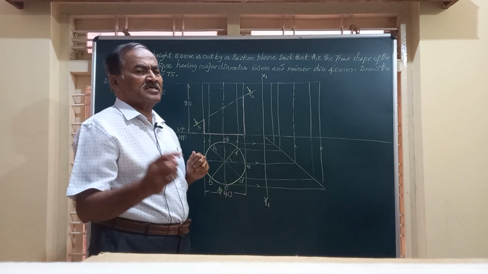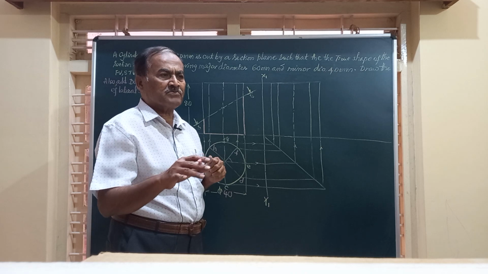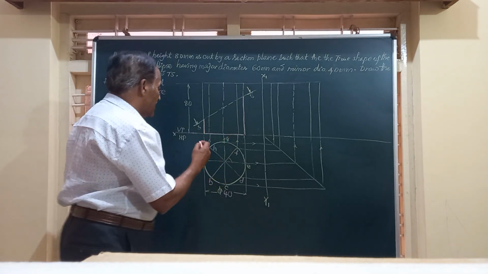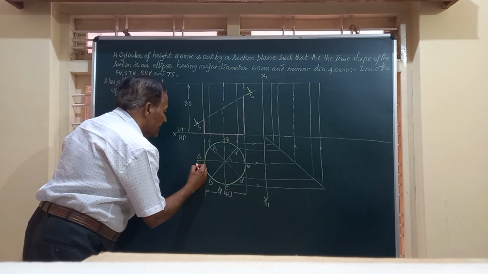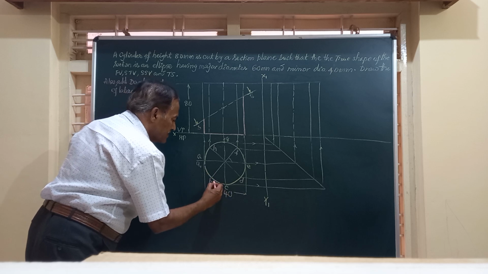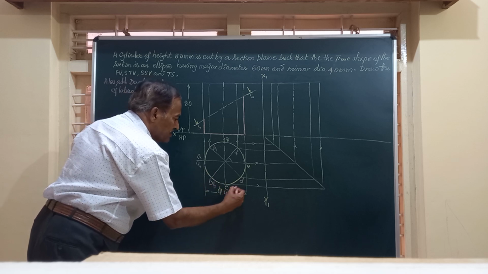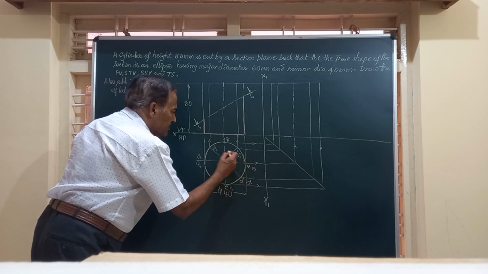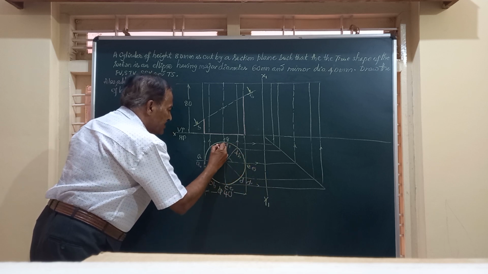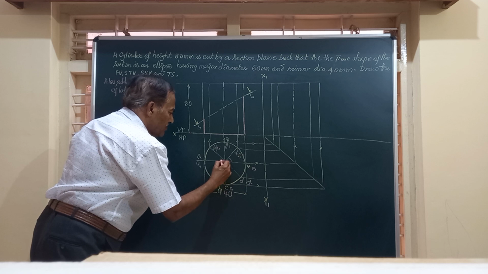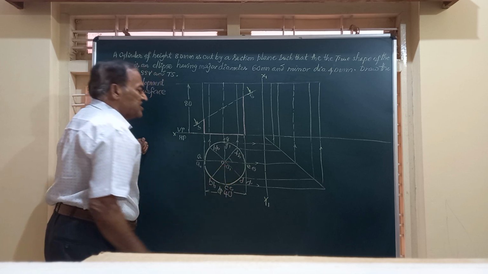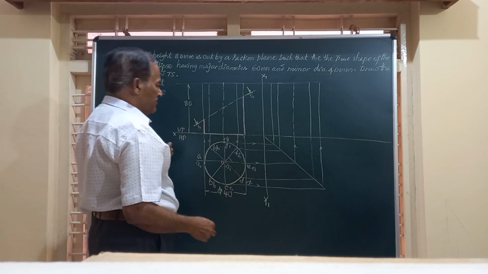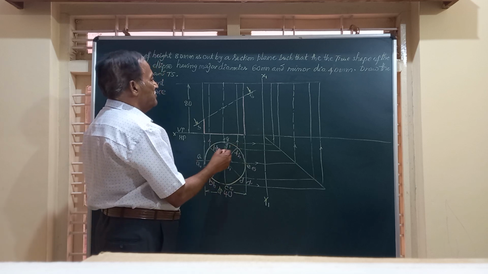And since it is a cylinder, like our prism, we should make double marking. So it's going to be A, A1, B, B1, C, C1, D, D1, E, E1, F, F1, G, G1 and finally H, H1. This is O, O1. O is the center of the top face, O1 is the center of the bottom face.